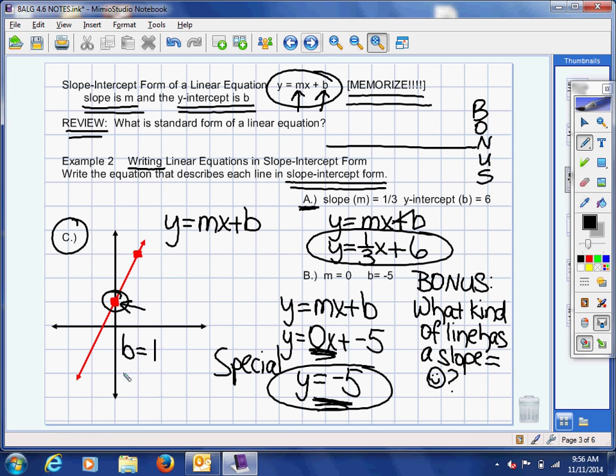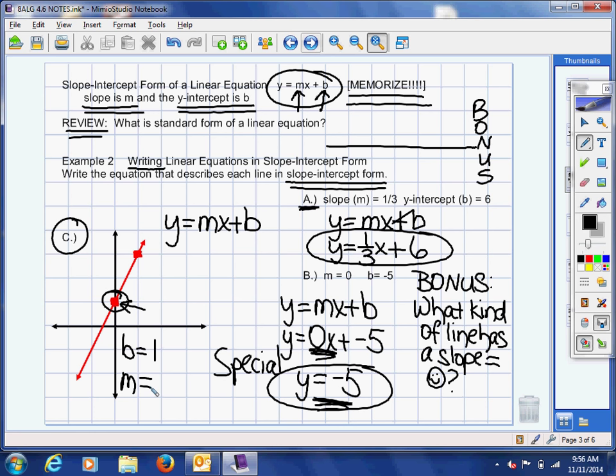Now think for a second, from a graph, remember I told you if I was ever given a graph and I knew 2 points on the graph and those 2 points were on a grid intersection, what would be the easiest way to find slope? If you're thinking rise over run, you are exactly right. Great job. That's exactly what we should do.